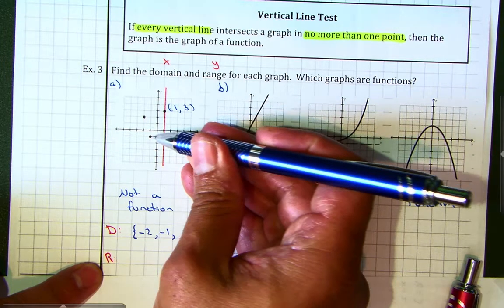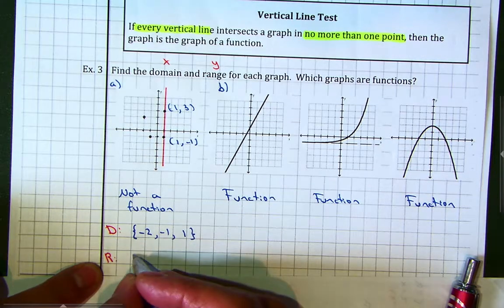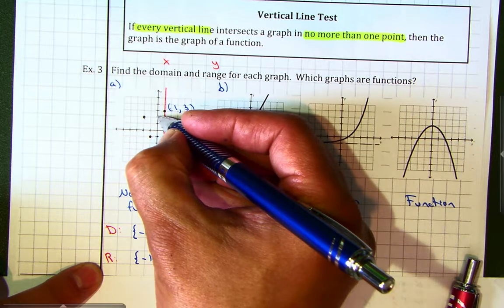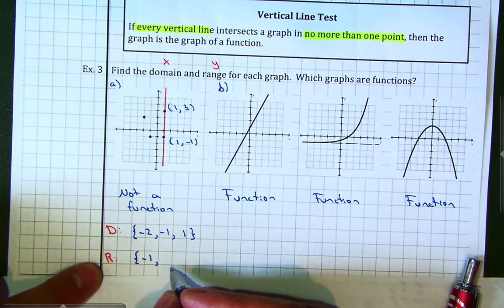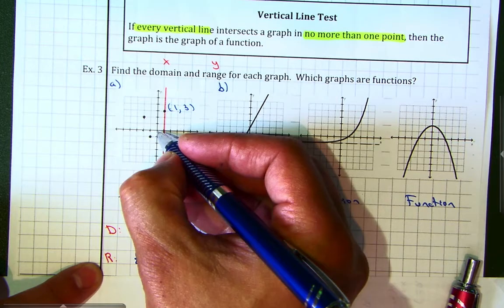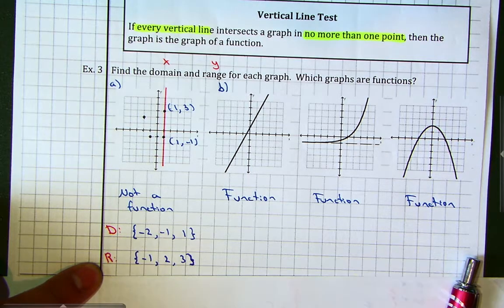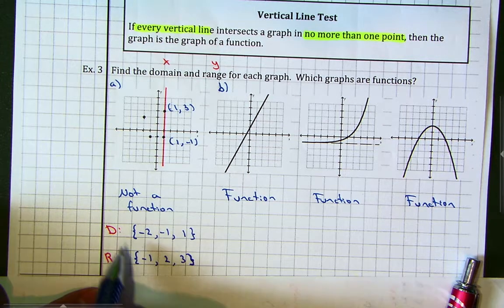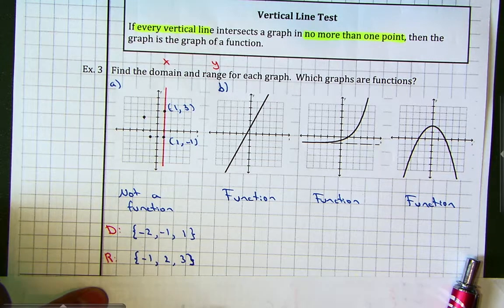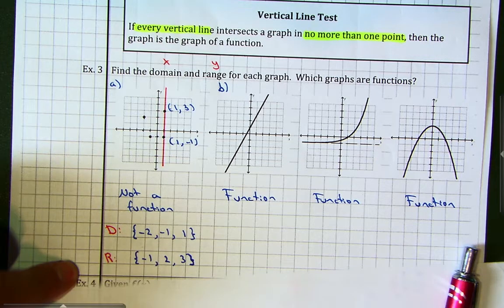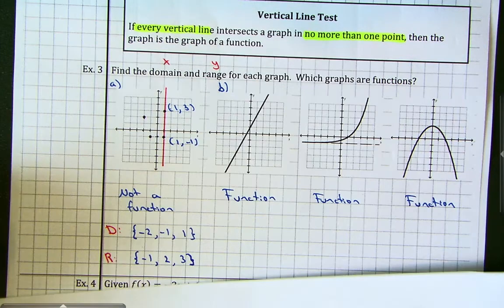For those 2 points, the y value is -1. Then we have +2 for this point. And for that point, your y value is 3. So make sure you place braces at the beginning and at the end. And this is called set notation, similar to what we have on the cutout. The only thing that we're just not doing is the "such as."